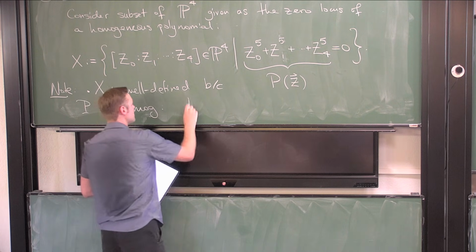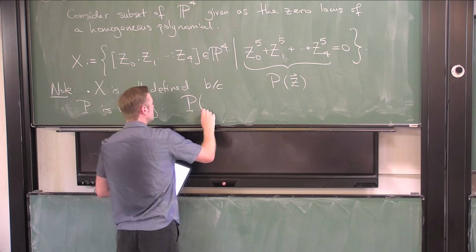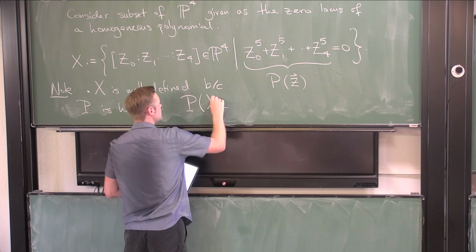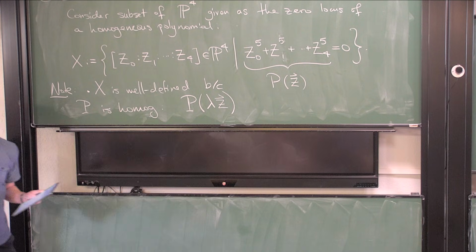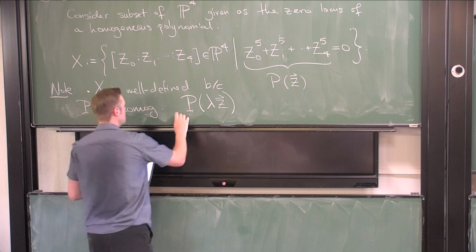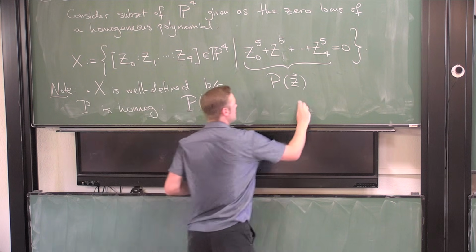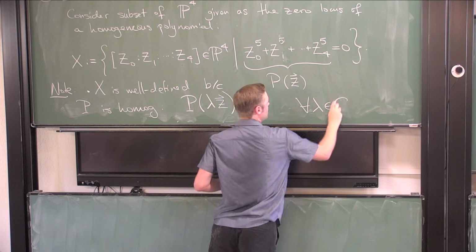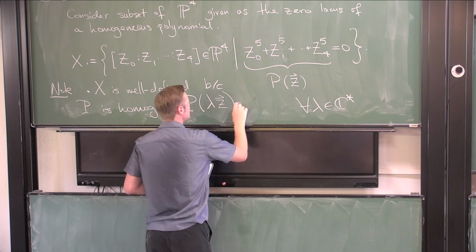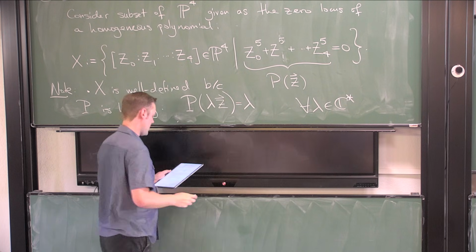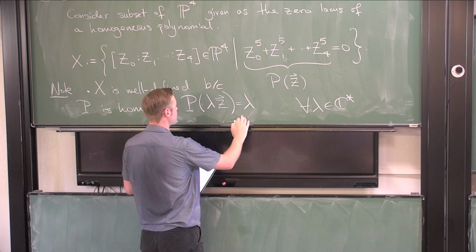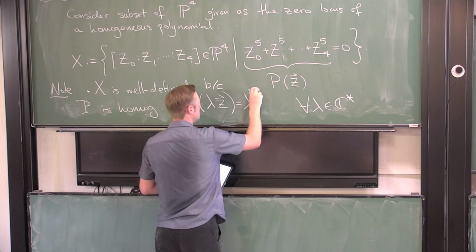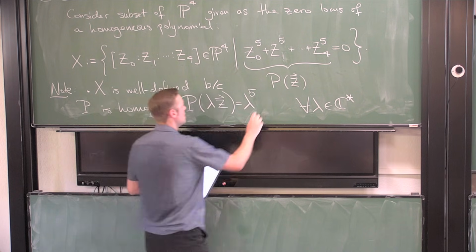What that means is that if I look at P and I scale the point Z by any non-zero lambda, then lambda just pops out. This is a homogeneous polynomial of degree 5, so that's why I'll have the 5th power in front.